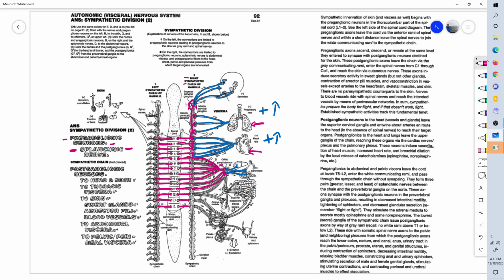So this area from T5, T6, T7, T8, T9, this area supplying nerve supply to the liver, stomach, and pancreas, telling it to stop digesting and closing off the sphincters of the stomach, stopping digestion.